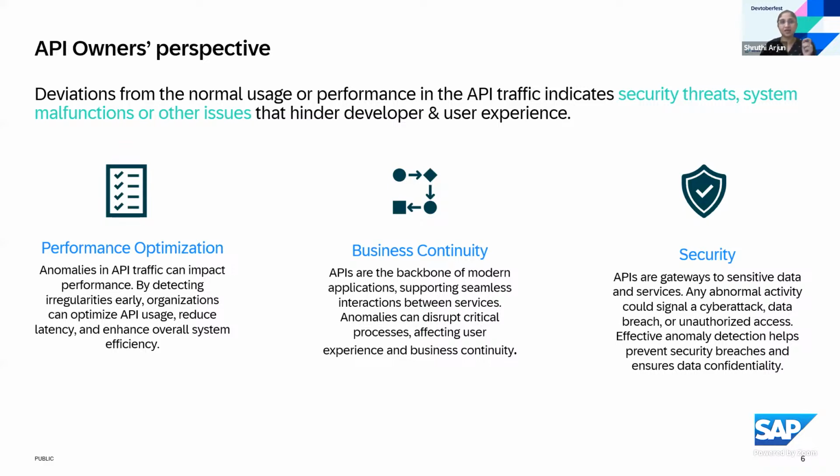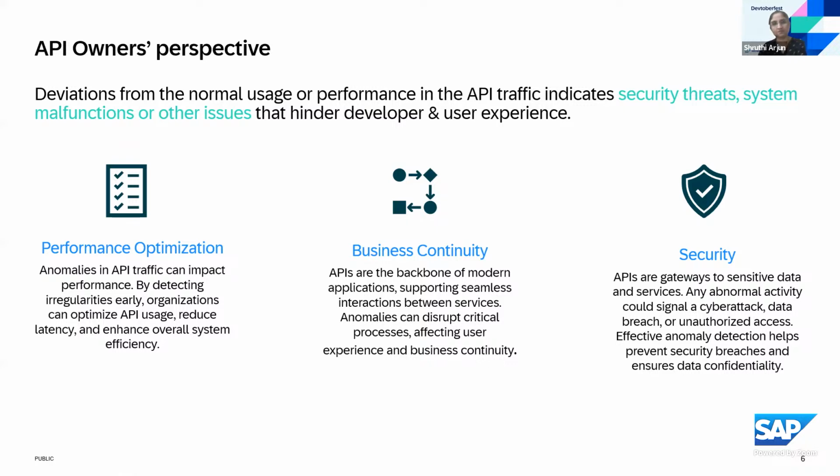So flagging and identifying these malfunctions and deviations will prove very beneficial to API owners, ensuring that there are no security breaches and that there is data confidentiality, etc. So from all of these angles, API owners would really be keen to know if there is any kind of unusual activity in the system.